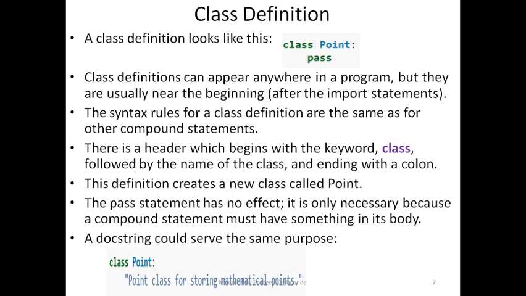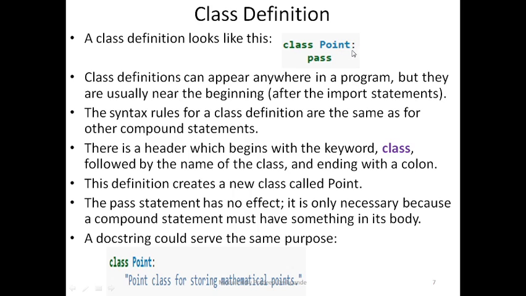In Python, how we can define a class is shown in a simple example here. Class Point. Here we are just taking a pass statement, which does not have any effect. As you can see, in Python defining a class starts with the keyword class, then the name of the class, then a colon.